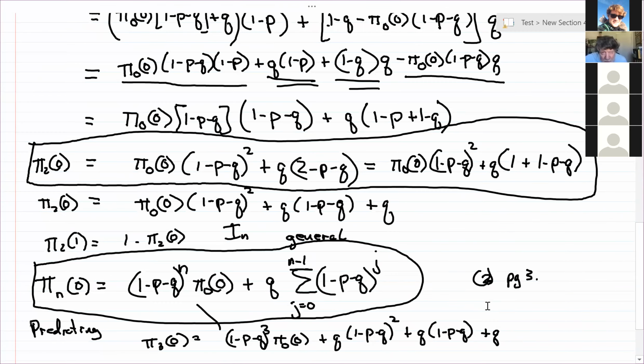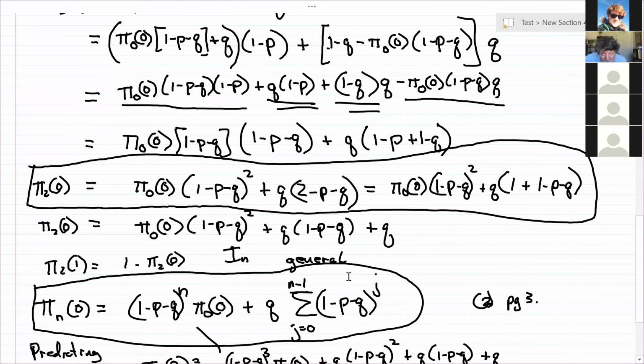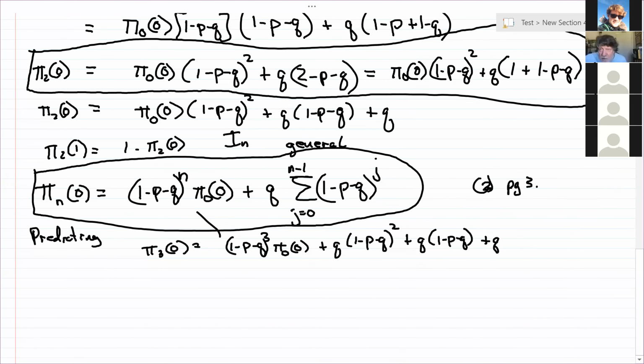And in general, the book then says that the probability of being at 0 on day n turns out to be this. And I'm not sure if I said anything more on that. Let me see what I did on the next page, if anything. I may have run out of time with that.